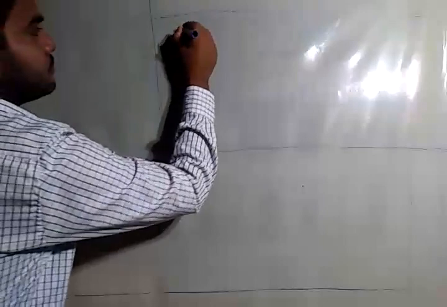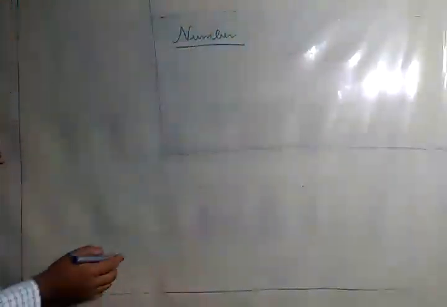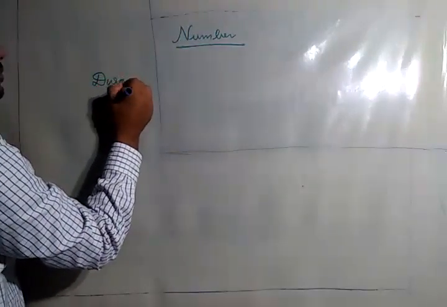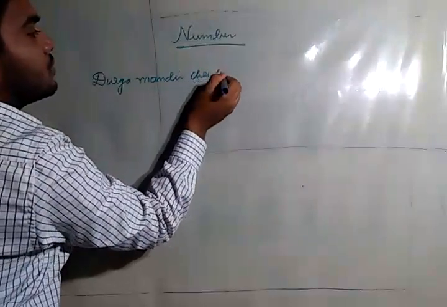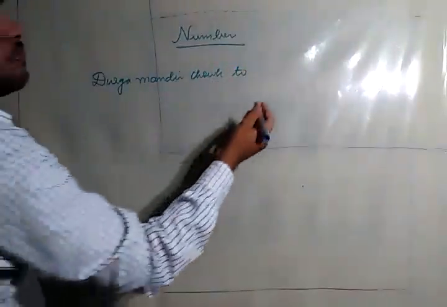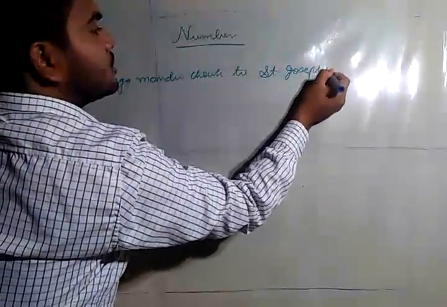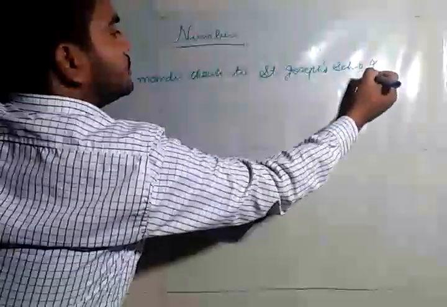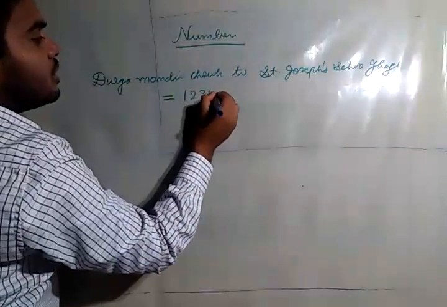But to give an introduction to this number, I would say that if I say the distance between Durga Mandir Chowk to St. Joseph School, Jhaja, is equal to 1231 meters.